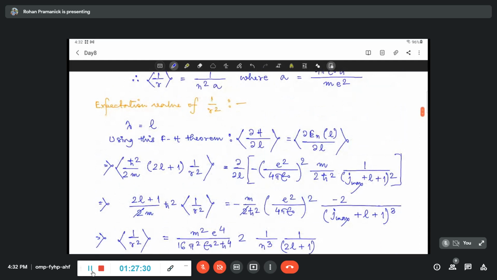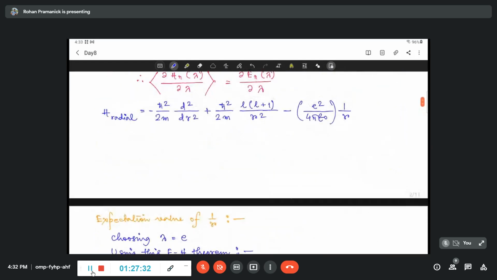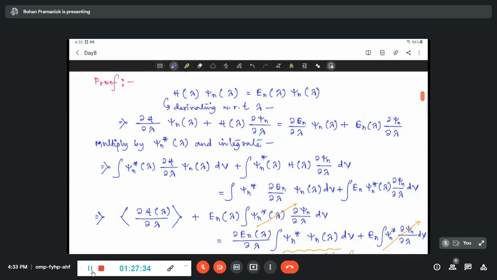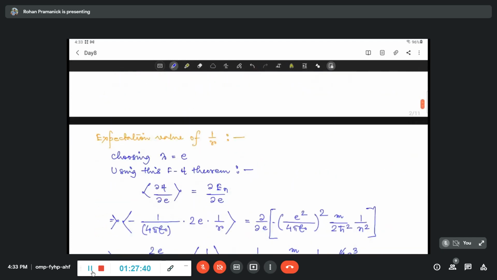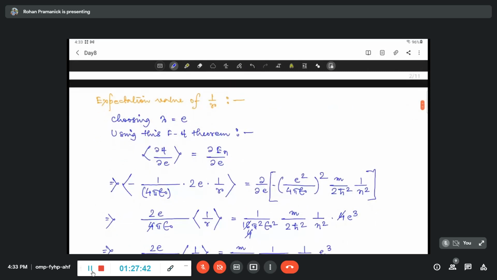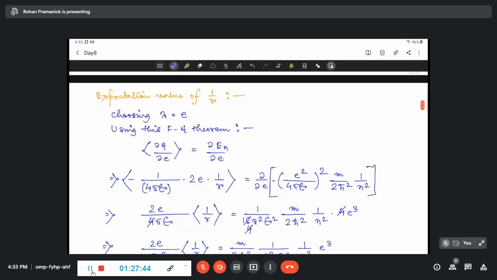Probably I have done it correctly. If not, there are some mistakes, factors and those plus and minus things. It is a long calculation, and do it once so that you get how to do this kind of problems, and we can discuss it if you have any difficulty related to this.